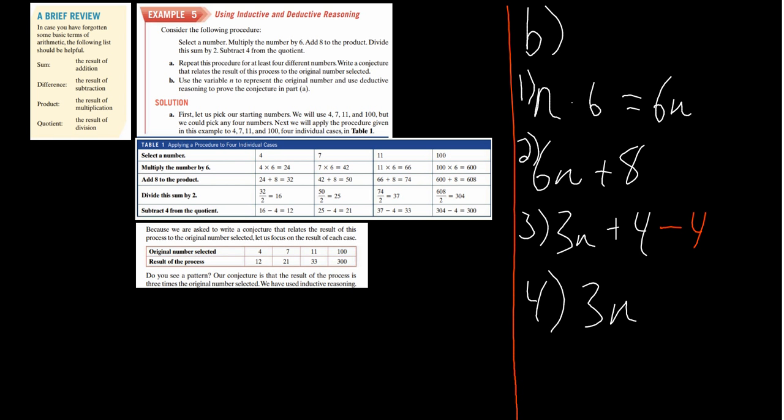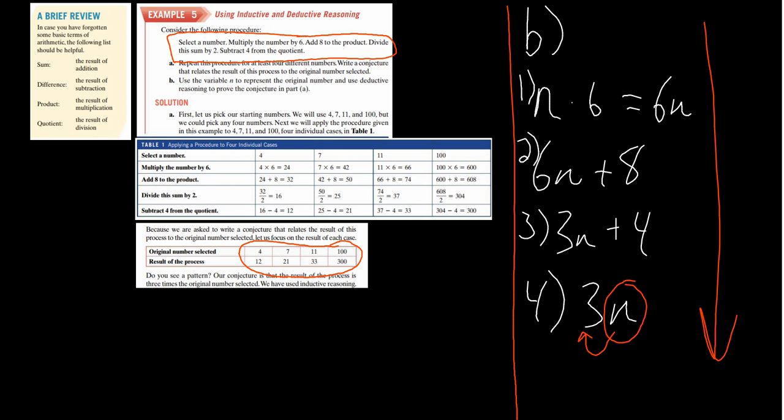So through deductive reasoning, we have proven the conjecture that we arrived at through inductive reasoning. You take any number n and multiply it by 3, and that's what happens after you complete this procedure. We figured that out here, but we can't positively say that it's a true statement until we can prove it deductively.